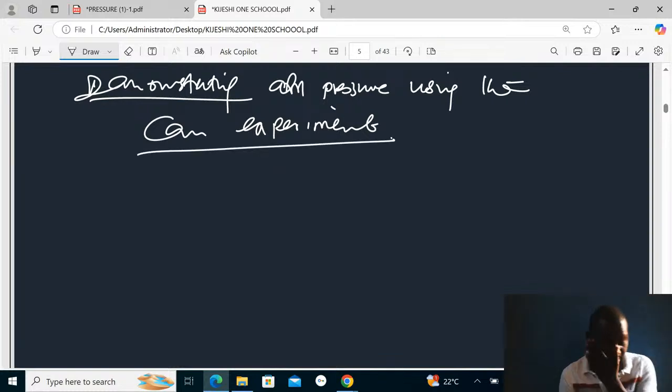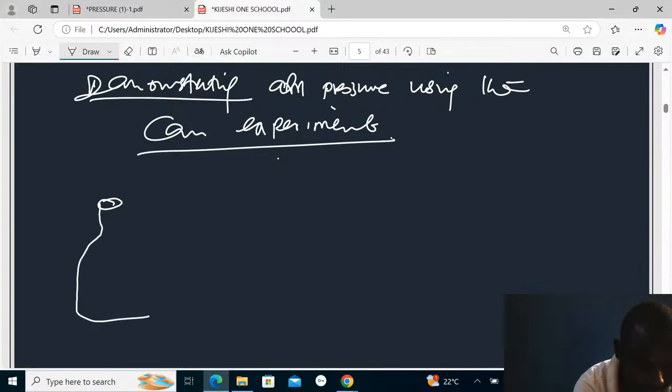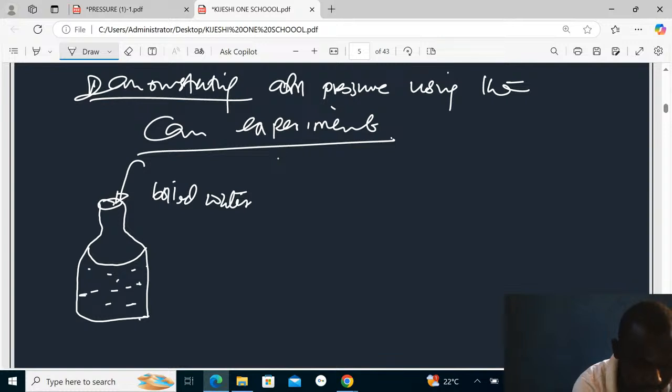In this case, you are told to pick a can like this. Then you add boiled water and you leave some space like this.